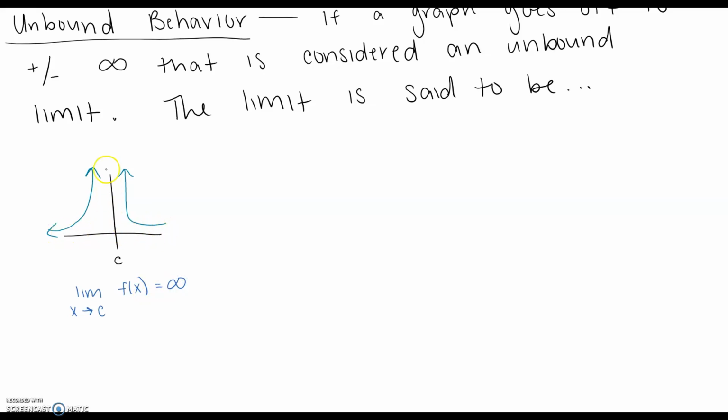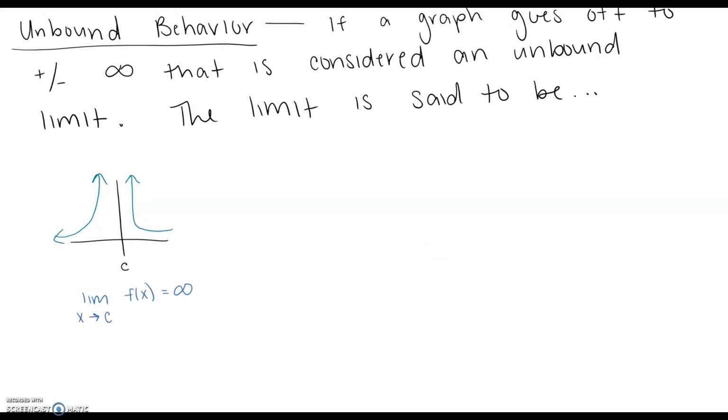From the left and the right, it's going up towards infinity. Then we have something like this. Say this is our c value, and it could do something like that. So this is the limit as x approaches c of f of x going towards negative infinity, because as we go close to c, it's going down.